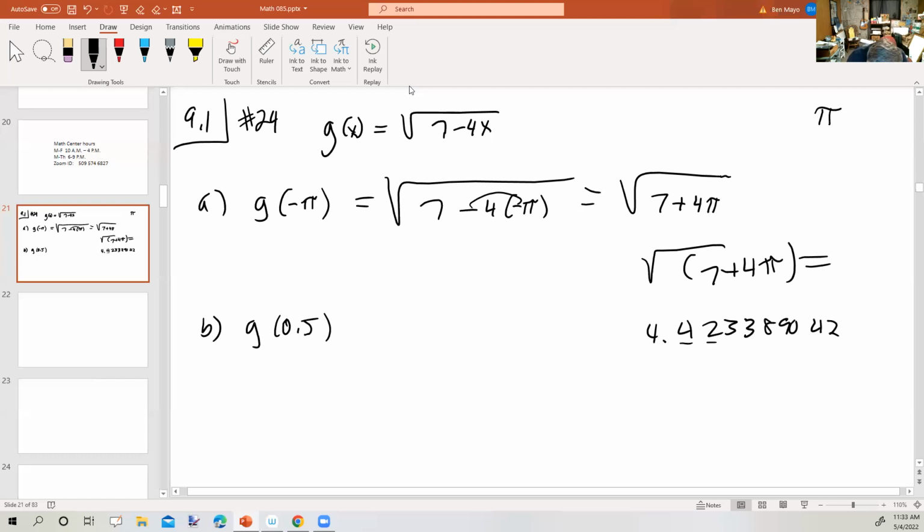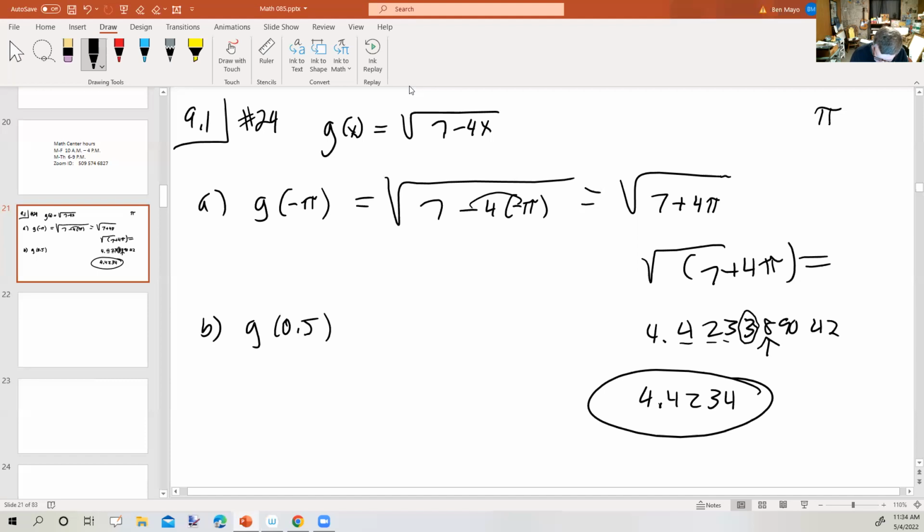This is the 10th, 100th, 1000th, 10,000th. The 8 would round up. So 4.4234 would be the correct answer for part A. All right with that? Yeah, I could see why if you had a minus 4 pi, that would give you a negative value inside, which is why you would put undefined. Yes. All right, thank you.